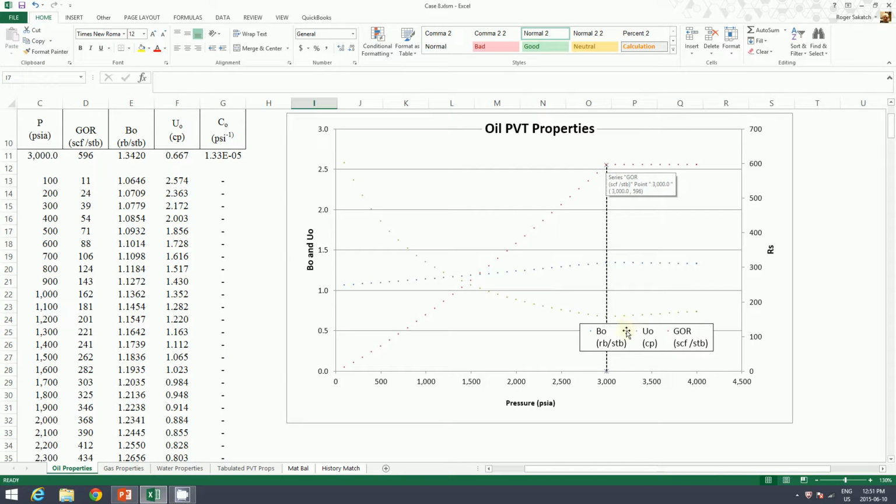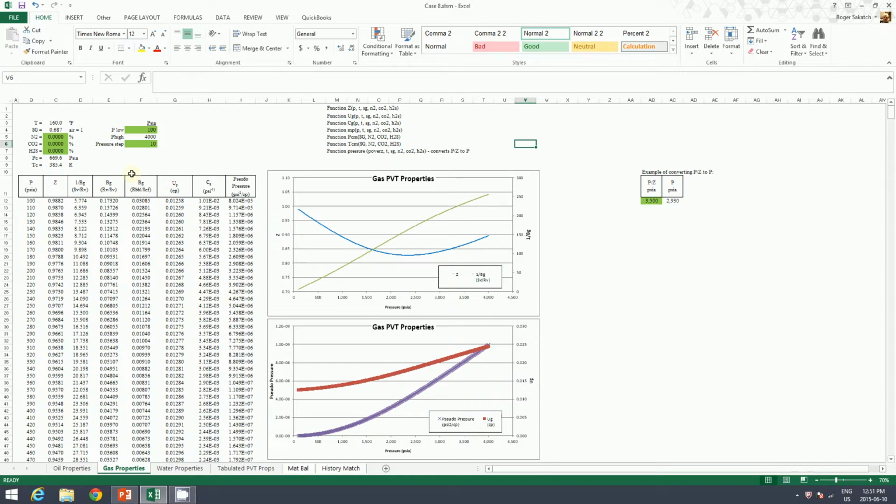And this is the result of that analysis. We're showing that the initial pressure is going to be 3,000 psi, and that is going to be the bubble point pressure, and our solution GORs will drop off as the pressure falls. The initial oil formation volume factor is going to be about 1.34, and it then will fall off as the pressure falls below that. The gas properties tab is shown here.